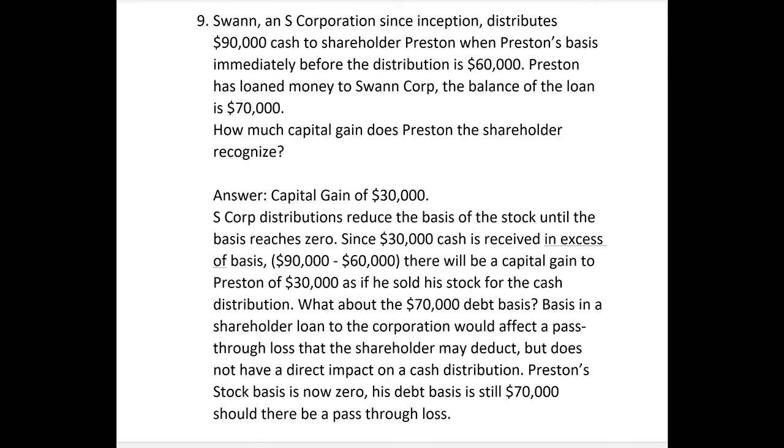Preston's stock basis is now zero, and that's why he has a $30,000 capital gain. But his debt basis is still $70,000 should there be a pass-through loss. So if there's a pass-through loss, he'll be able to deduct as much as $70,000 because he has debt basis, even though he has no more stock basis. And I think a question like number 9 is very likely to appear on your exam.